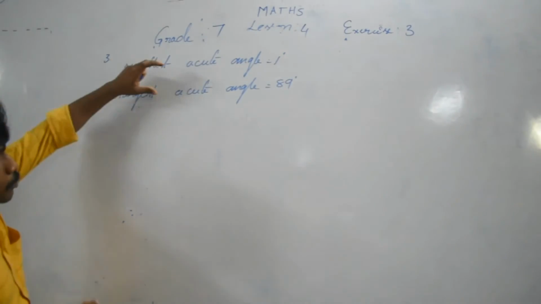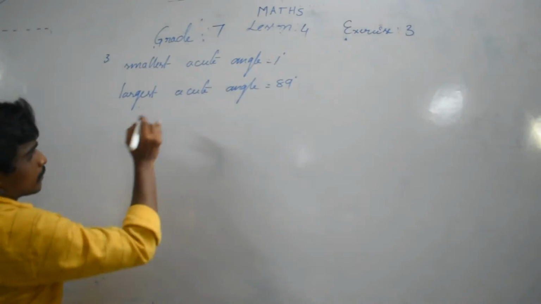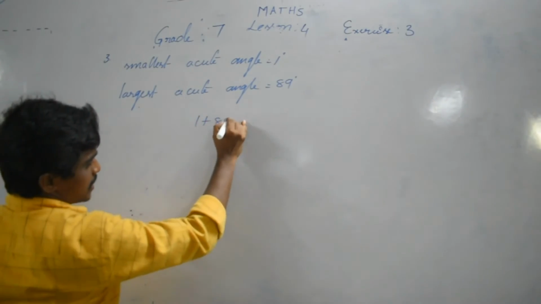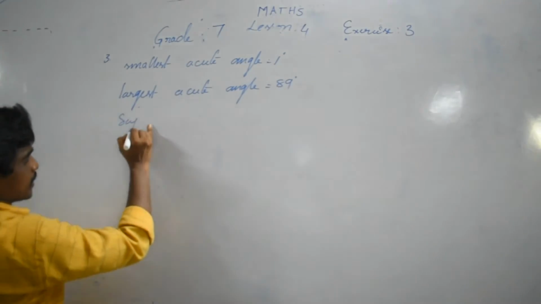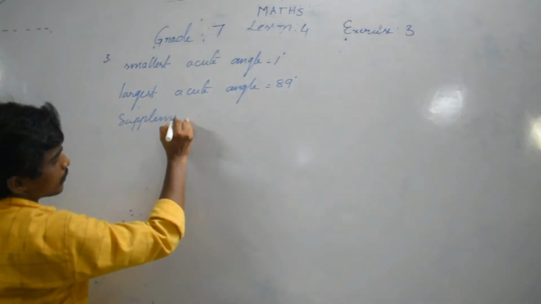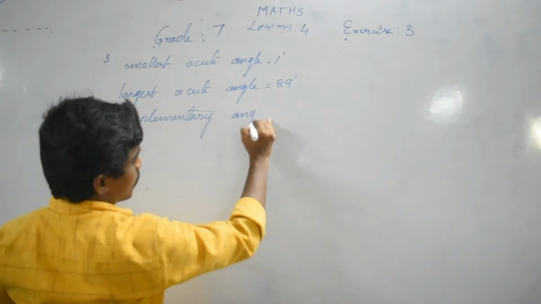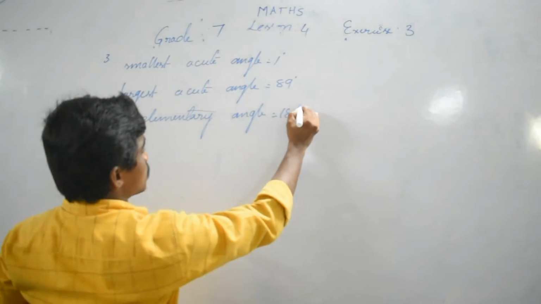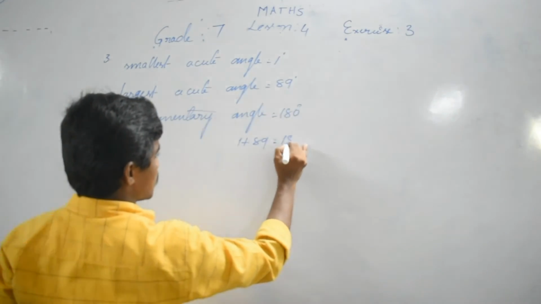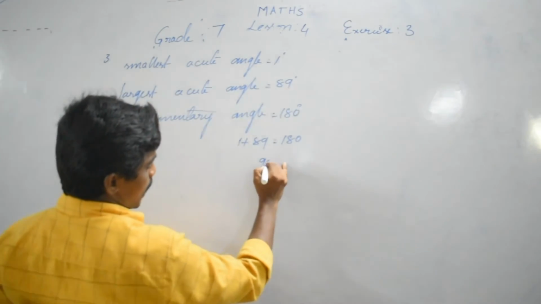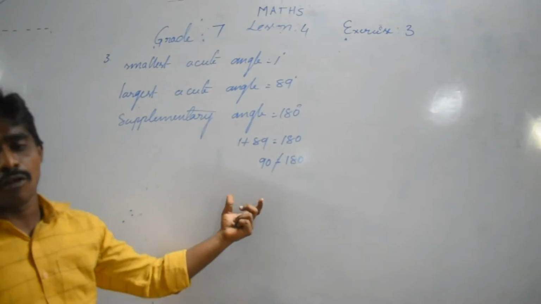So can these two acute angles form supplementary angles? Here 1 plus 89 degrees is 90 degrees, and supplementary angles should be equal to 180 degrees. So this is not equal.